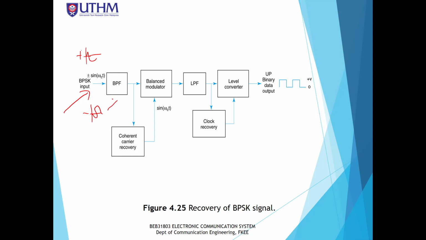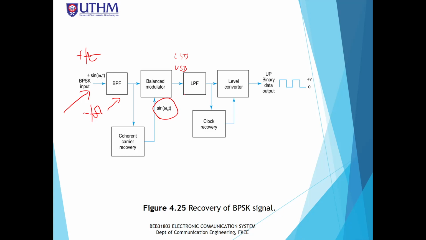Here we have a band pass filter, so we filter the signal, and then we do the demodulation process. This is coherent detection, where we multiply with the same carrier signal. When we multiply two analog signals, we produce the lower sideband and also the upper sideband.